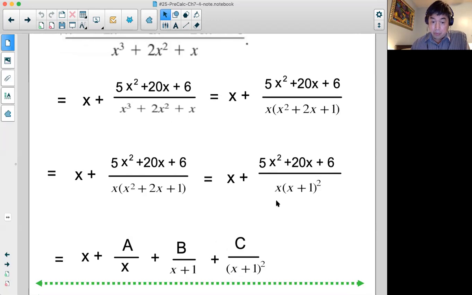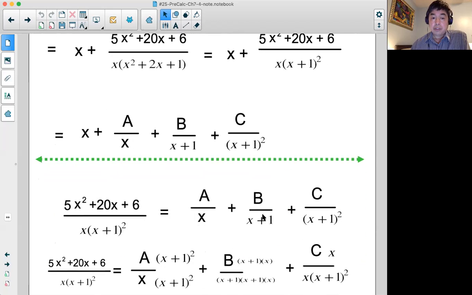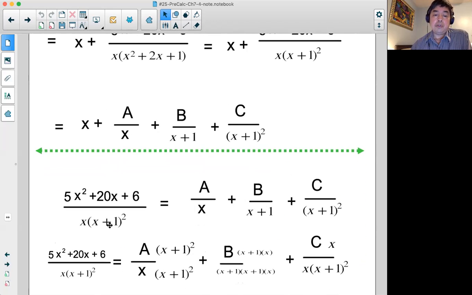Now, after you do this, you're going to have a common denominator, x times (x plus 1) squared.